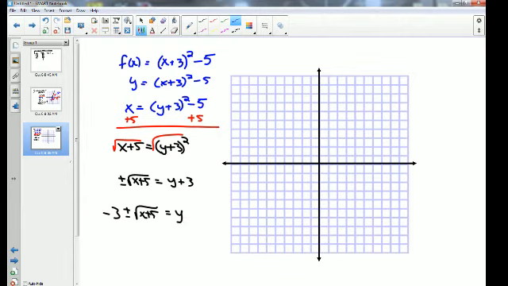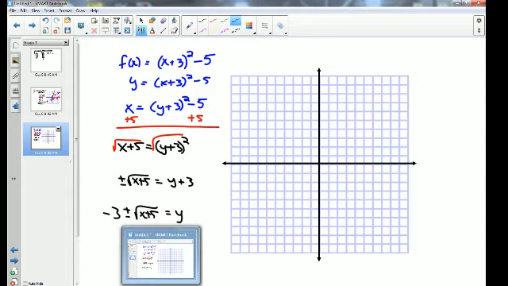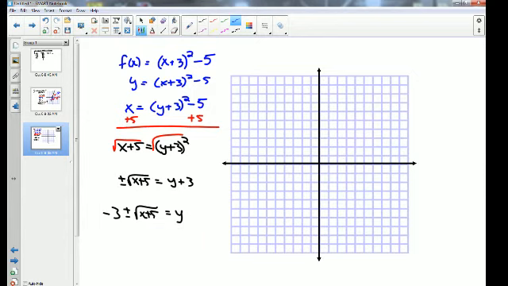Still the same x squared, right? So same one, we just moved it.